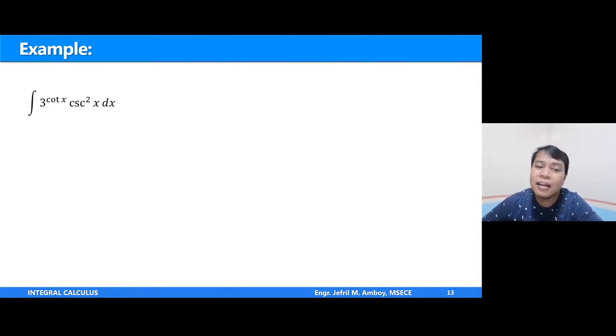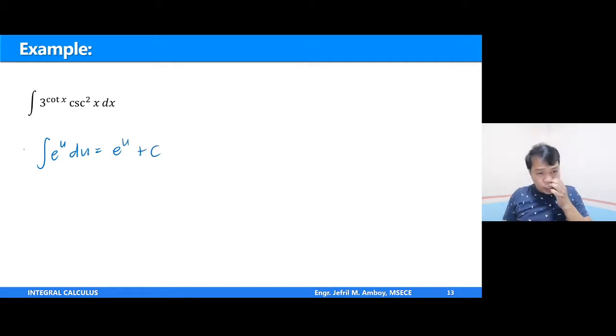Integral of 3 to the cotangent of x times cosecant squared x dx. Okay. So, kanina, ang base natin is e. Para bagang e to the u du is equal to e to the u plus c. But what if the exponential function has a base which is not equal to e? Ang base natin is isang constant.